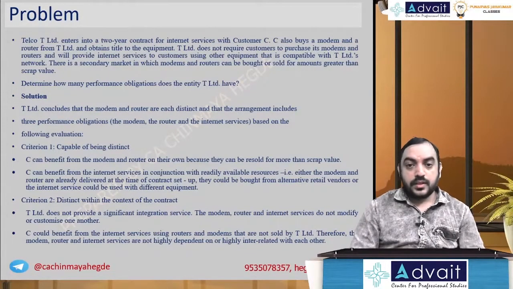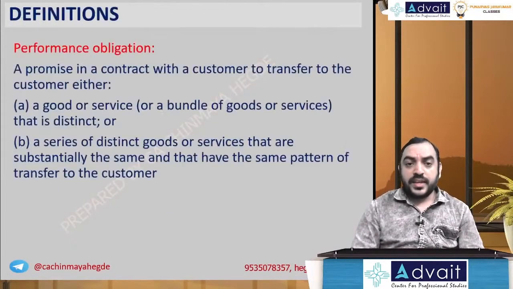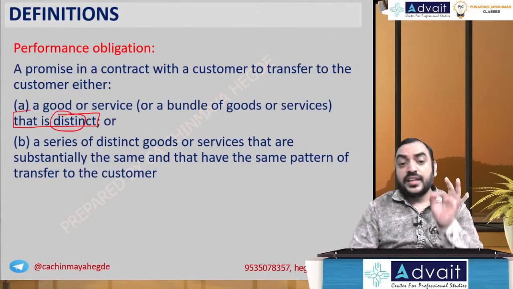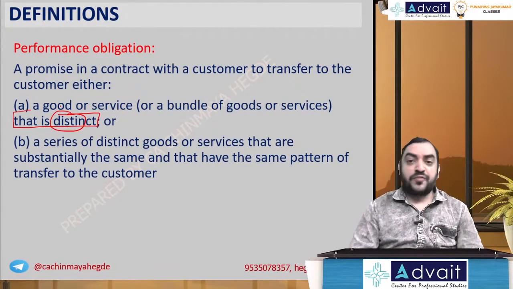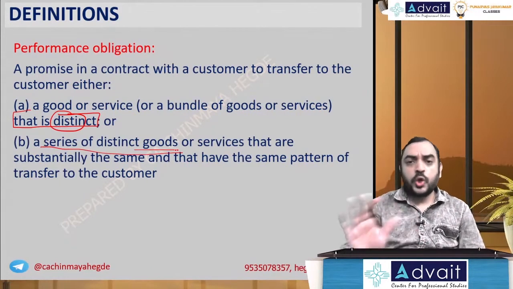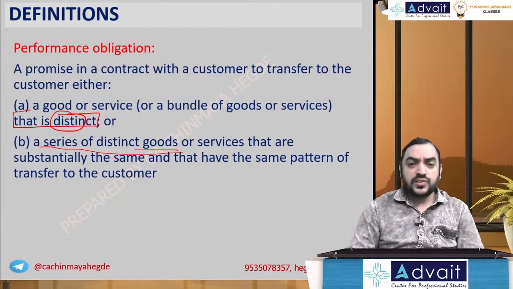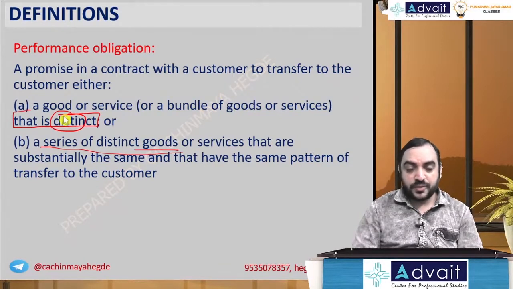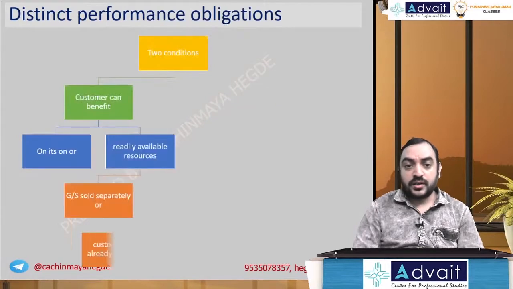So a performance obligation, if you want to call it separate, is a good or service that is distinct. So the word is distinct. Then it is a performance obligation, or a series of distinct goods and services. We are not talking about a series of distinct goods and services. We are talking about whether goods are distinct or not. For that purpose, what is the definition of a distinct performance obligation? Let's look at the chart.